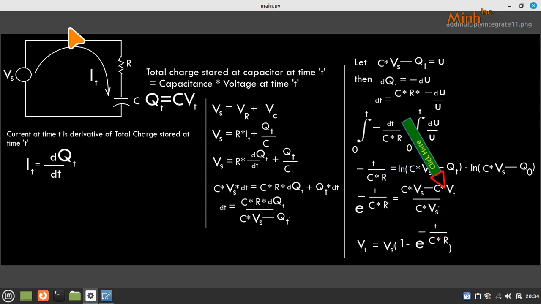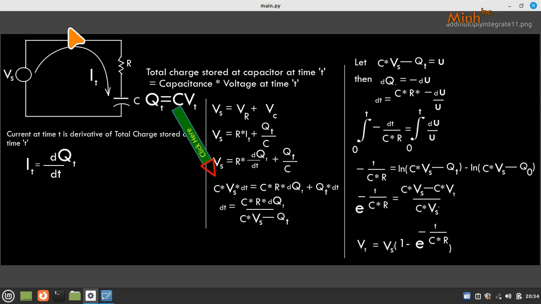So this is the differential equation. We started with this, and then R into i at any moment, and dq by dt, and q(t) by C anyway we have. Now we are just shifting left and right.